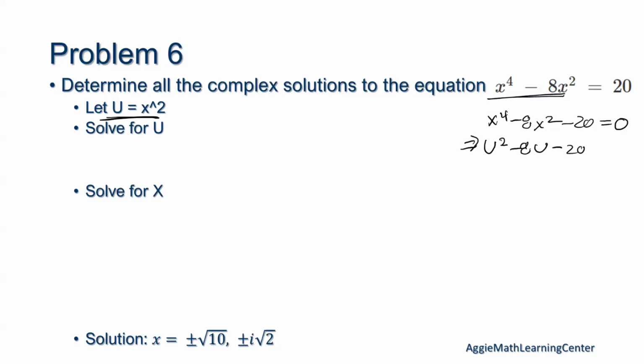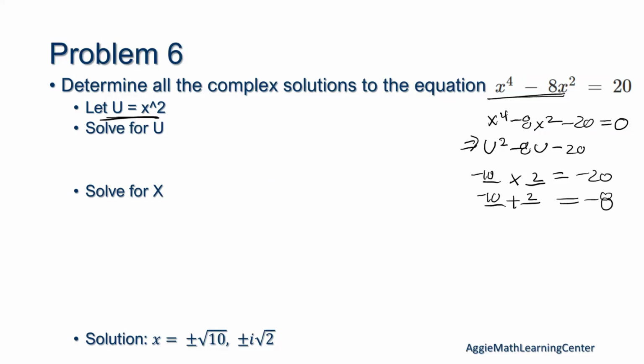Now here we can use the quadratic equation or factor. I see that we need two numbers that multiply to negative 20 and add up to negative 8. They're going to be negative 10 and 2.